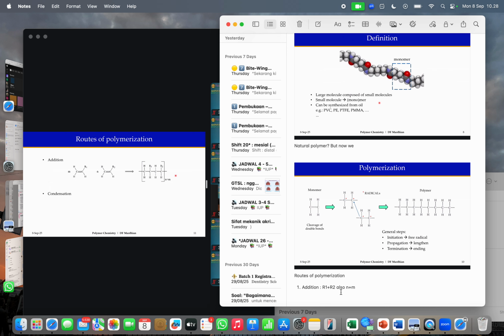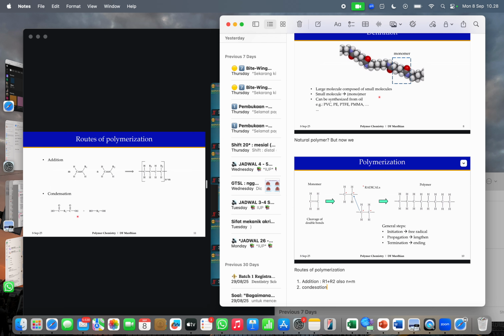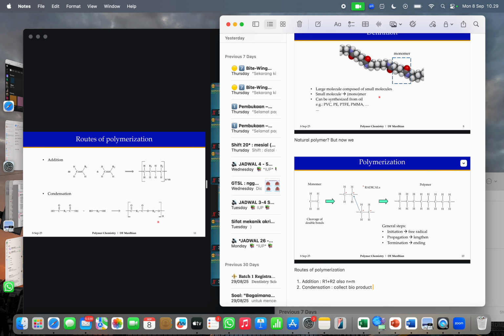And then the second route of polymerization is called condensation, which creates a byproduct. When we react ester here with a diol, meaning an alcohol with two hydroxyl groups, they will create this type of polymer.